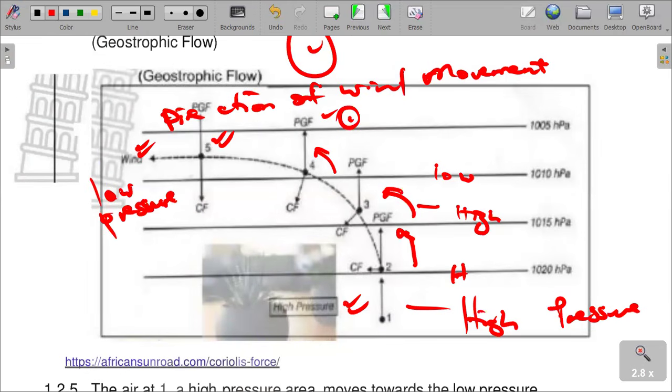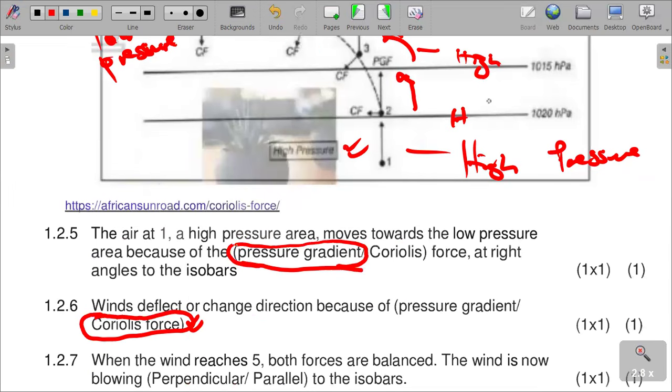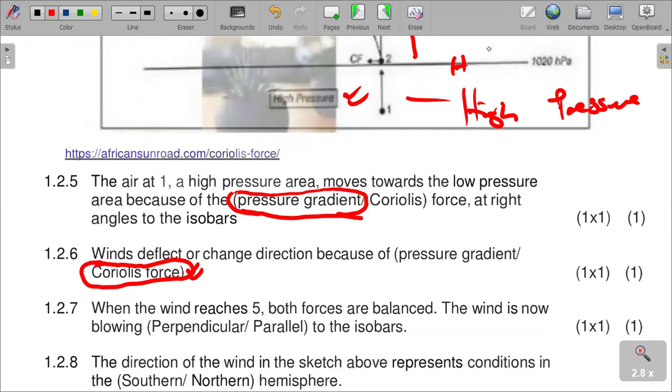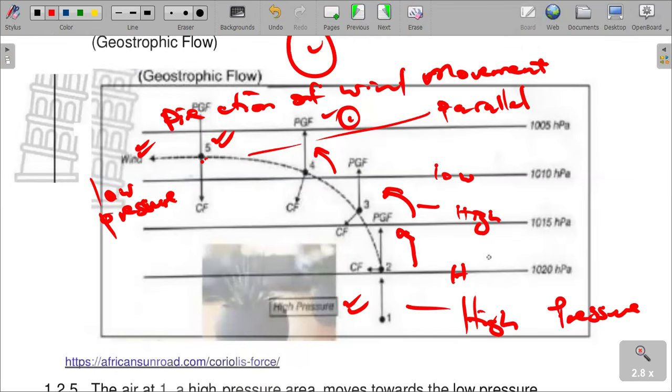It is at 5, the wind blows parallel. It blows parallel to what? To the isobars. The wind blows parallel, as to say that it will move just like lying below the isobars or above the isobars.